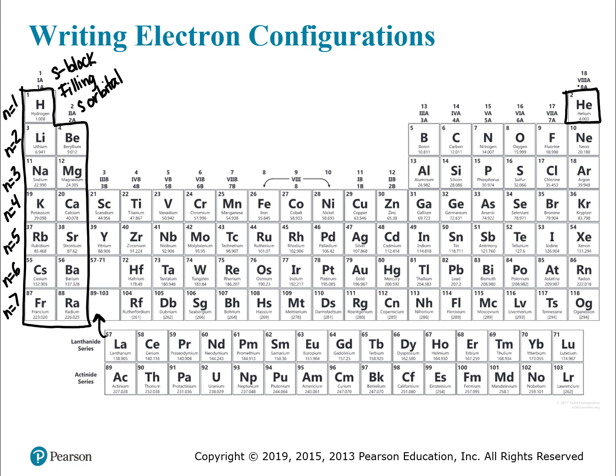But helium is a part of the S block. We're filling the 1s, 2s, 3s, 4s, and so on. So if I ask you what orbital is magnesium filling, you should tell me it's the S orbital.